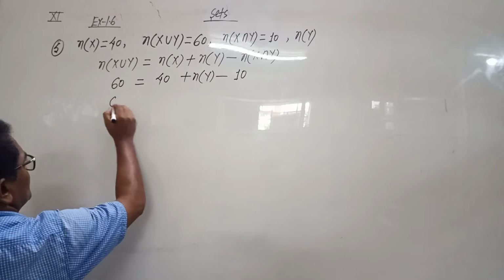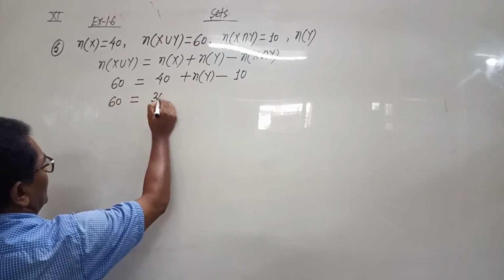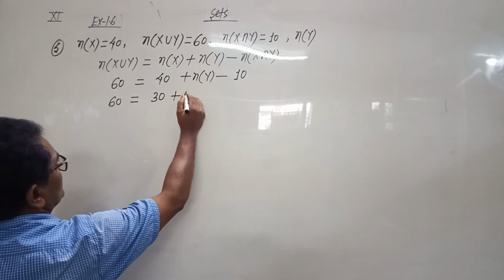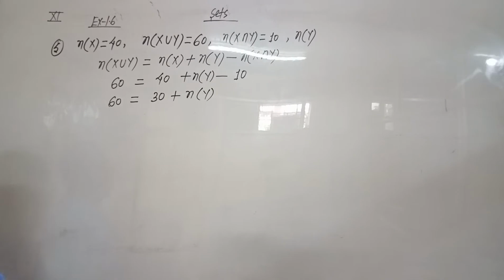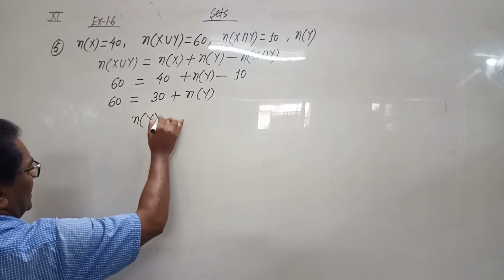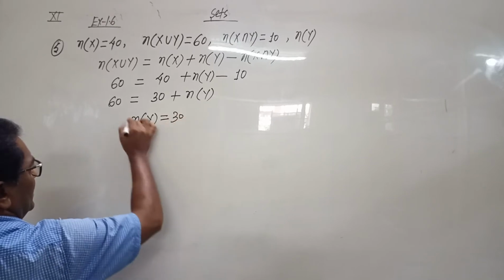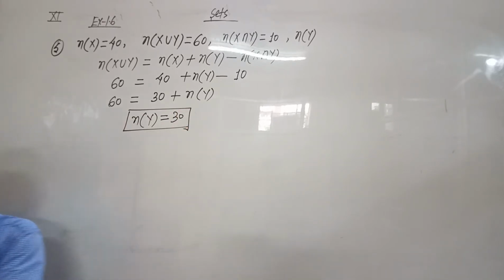So it becomes 60 equals 40 minus 10, which is 30, plus n of y, and 30 goes to the left side. So n of y equals 60 minus 30, which is 30. So we get the result n of y equals 30.